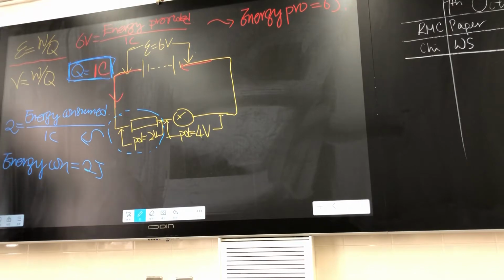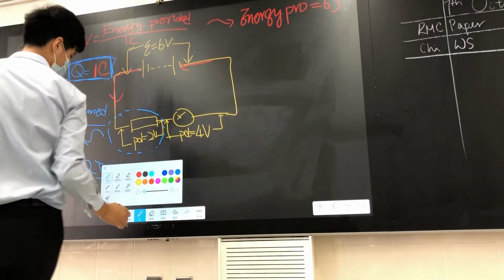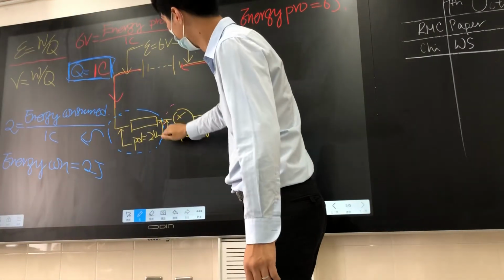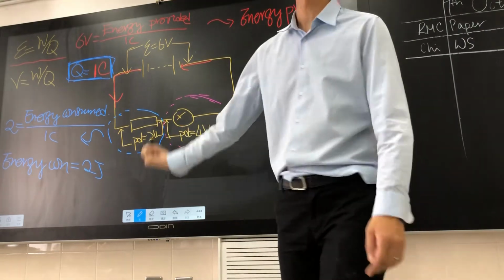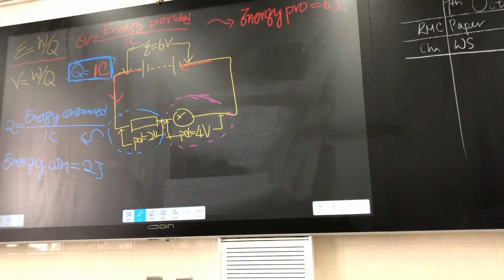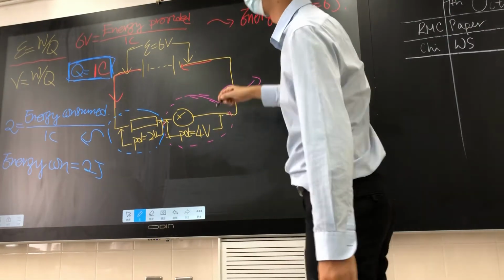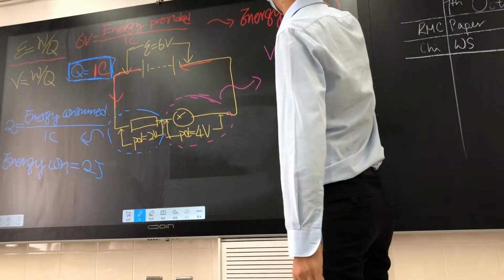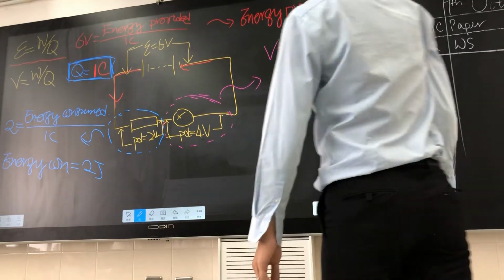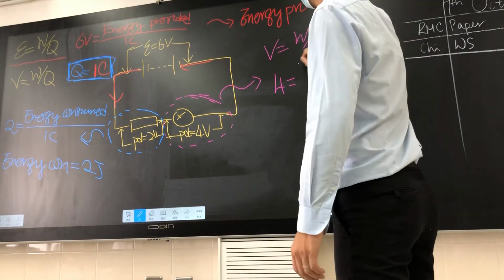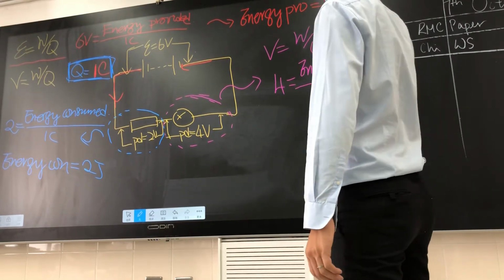So you may think that the calculation is very low level. Okay, so it's important for you to understand the concept roughly. Now we calculate the energy consumed by the light bulb. Here, V equals W over Q. So 4 equals the energy consumed over 1C.